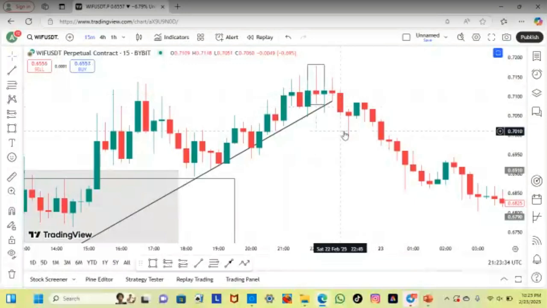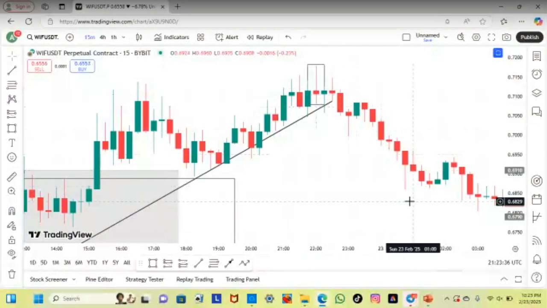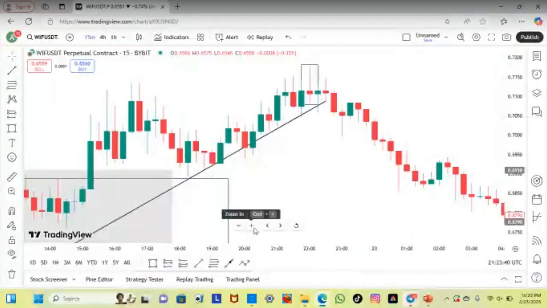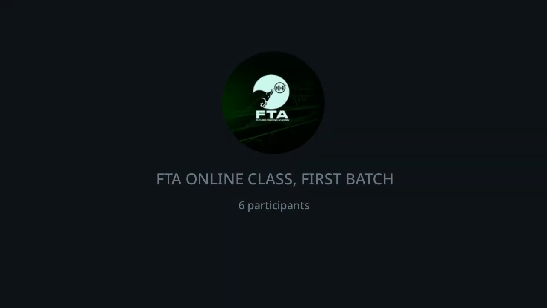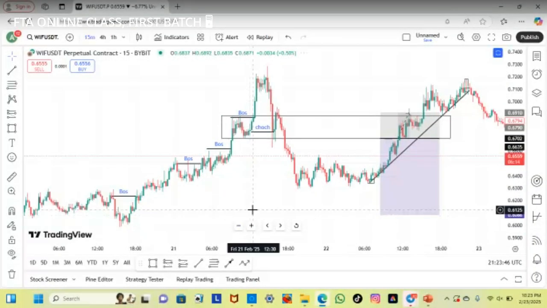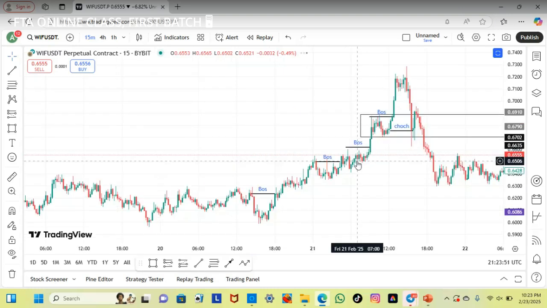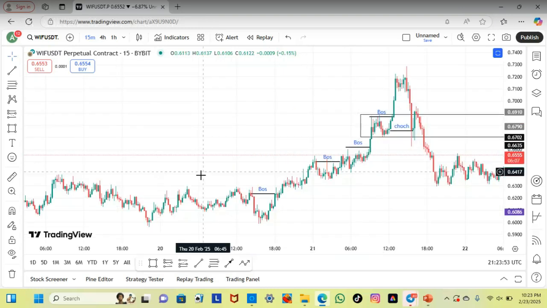So now let's look for a hammer. Let's spot a hammer and see what it gives us. Yes, I can see a hammer here now. Let me zoom.